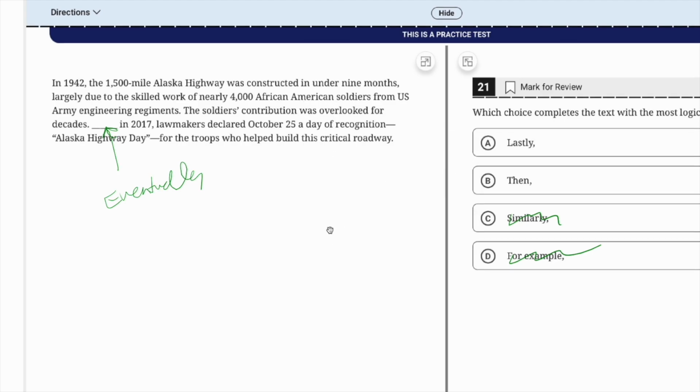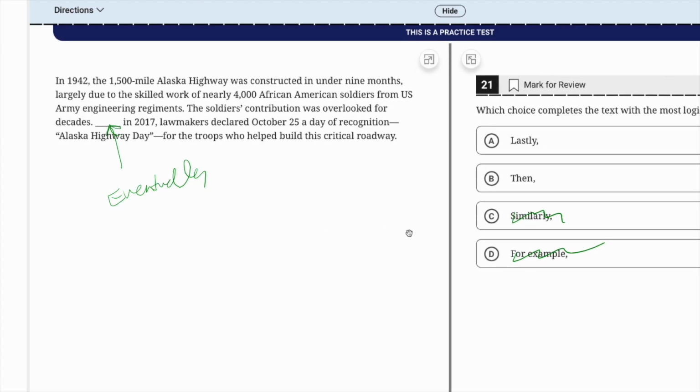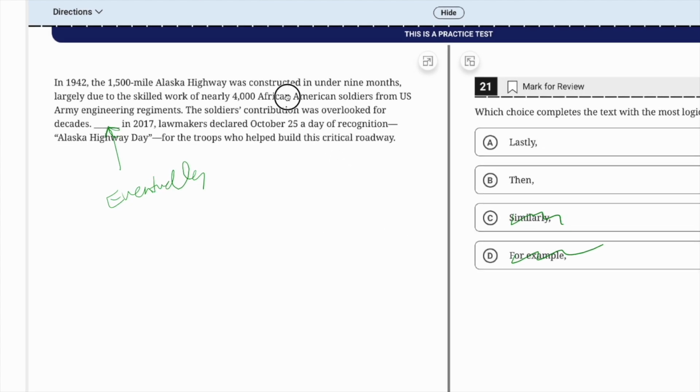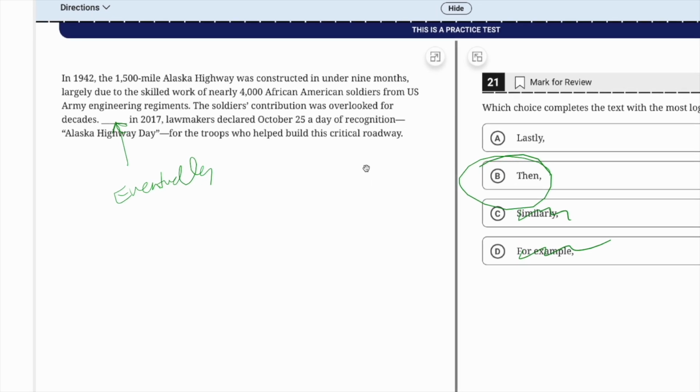It's not saying first, then, next, lastly. It's basically saying it was overlooked, then they were recognized. Their contribution was overlooked, then it was recognized. So I would have preferred something like eventually or ultimately, but that is going to be the one that indicates a sequence.